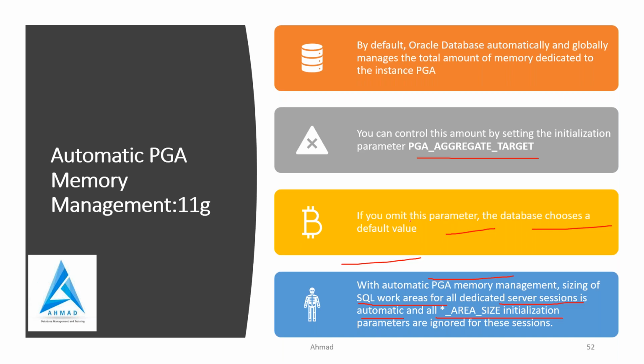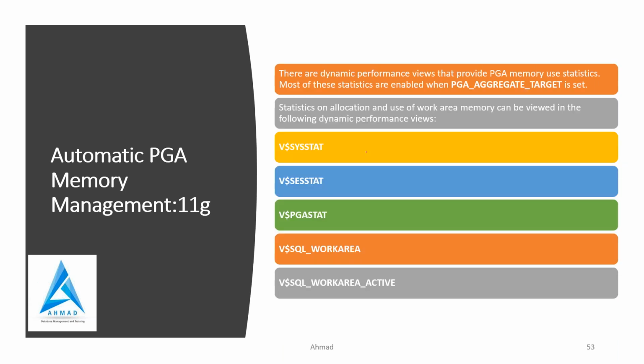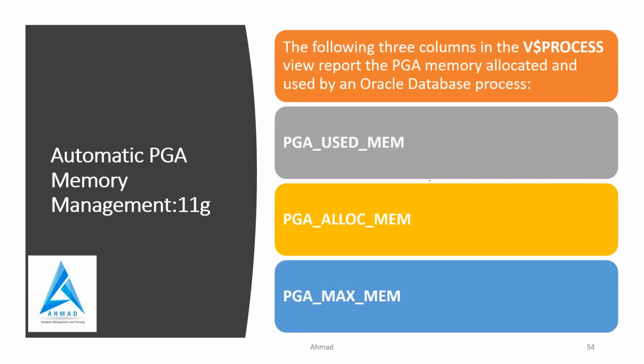There are many areas in PGA for your SQL. So those parameters will be ignored if you enable automatic memory management. And V$SYSSTAT, V$PGASTAT, V$SQL_WORKAREA, V$SQL_WORKAREA_ACTIVE. These are very helpful views. By that you can check the dynamic performance of your database.